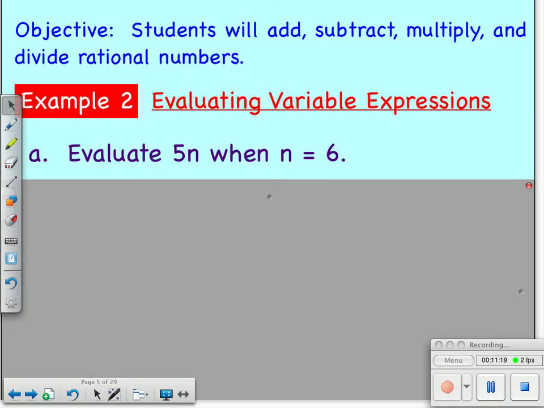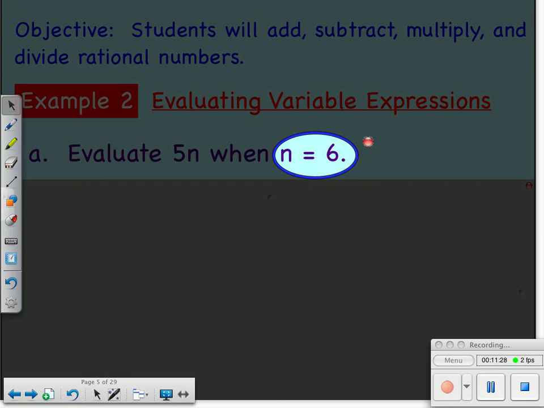So, over here, n equals 6. If n equals 6, that means that n and 6 are the same. There's no difference between them at all. n is 6. That's the value of n.